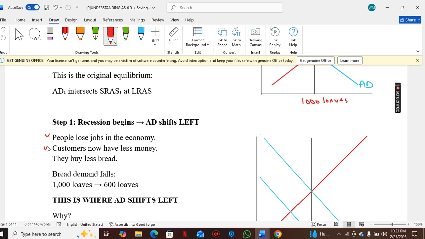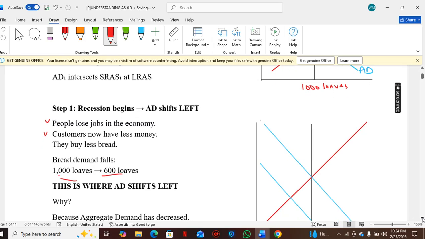So how is that going to affect our bread? It means customers are going to be buying less bread, because there's no money within the economy, so few people can afford to buy the bread. Bread demand falls from 1,000 loaves to 600 loaves.